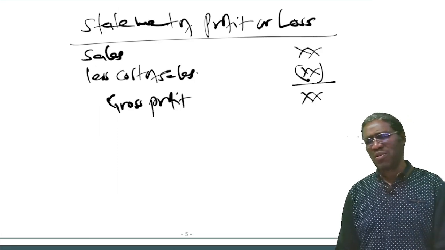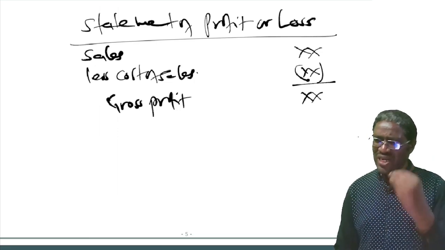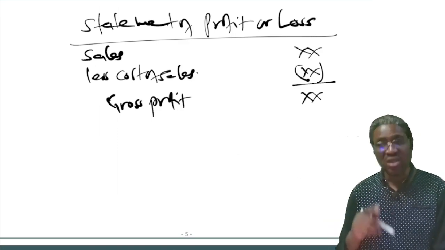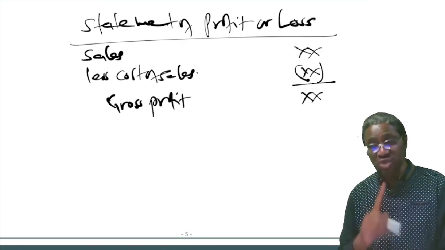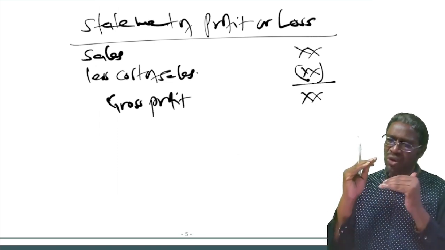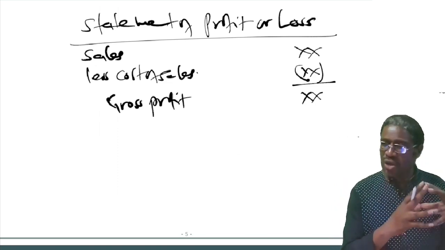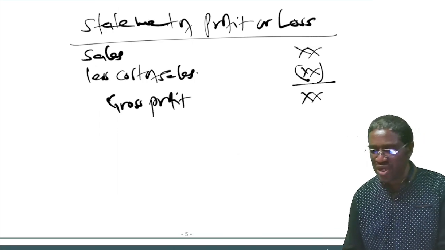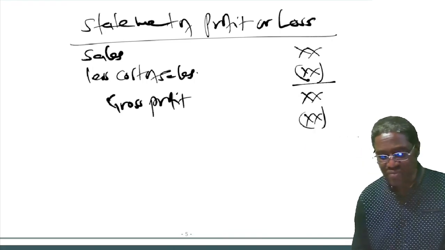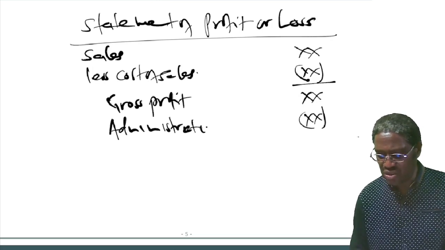One of the functions that may be performed in an organization is the administration function. So if you have incurred an expense which you think is of administration in nature, get all those expenses that are of administration in nature, combine them somewhere as a working, and you bring them as a single amount under the name administration expenses or admin expenses.